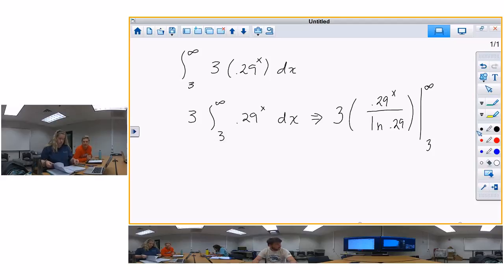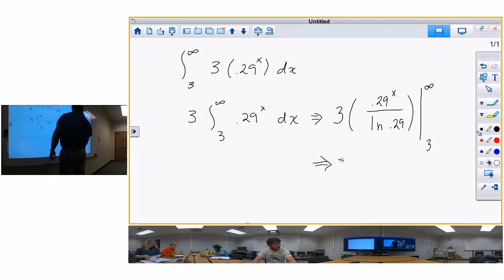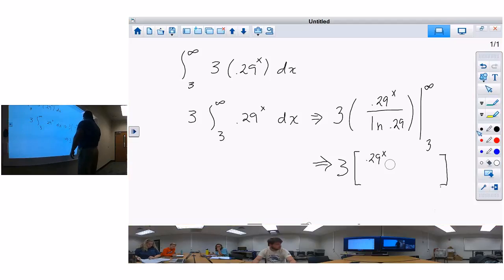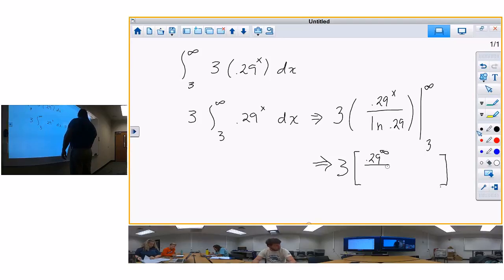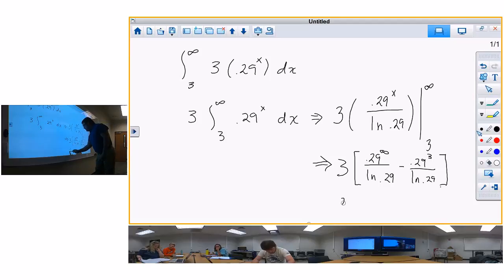Well, that's going to be equal to 3, and then I'm going to put this in brackets: 0.29 to infinity over natural log of 0.29 minus 0.29 to the third power over the natural log of 0.29, which that's going to be 3.